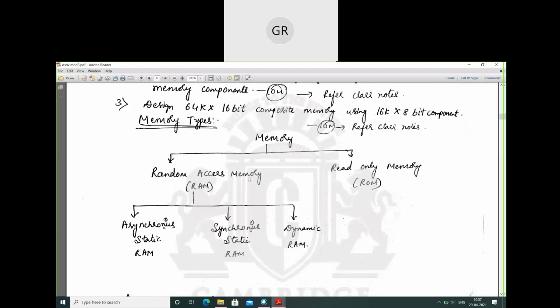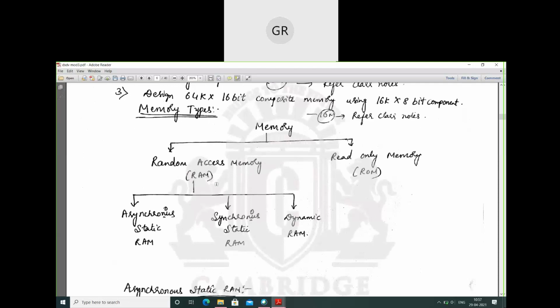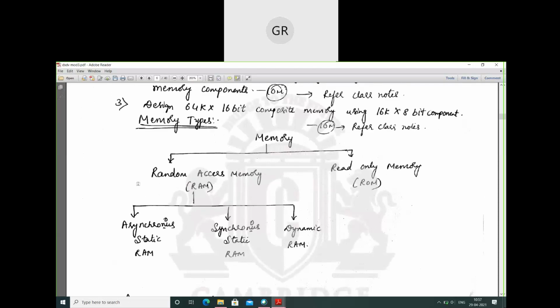If the power is off, will it hold the data or not? No. What about the read-only memory? When power is off, again it can hold the data. Then with random access memory, you can do both read and write. With the read-only memory, you can only read the data.